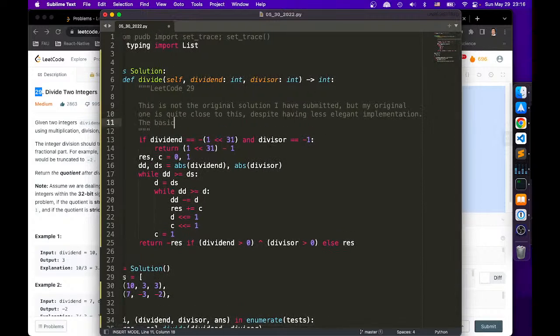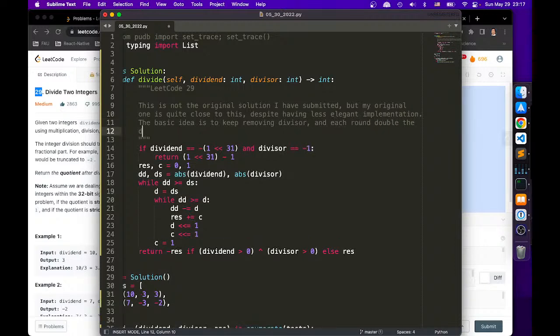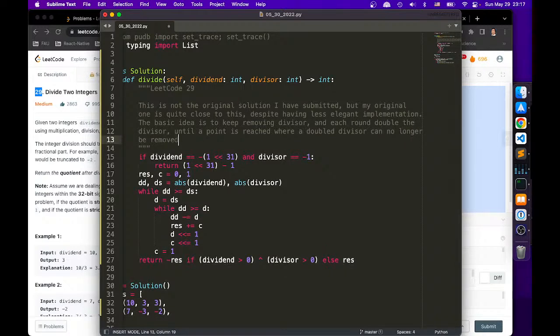The basic idea is to keep removing the divisor, and each round double the divisor until a point is reached where a doubled divisor can no longer be removed.